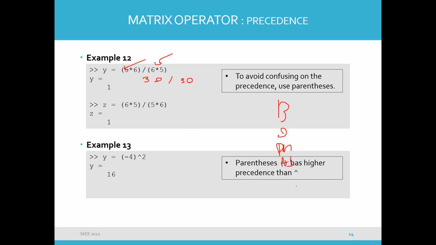Okay, so how about this? Parentheses. This one, you have bracket and power of. So of course you have to solve the bracket first. So solve the bracket, don't need to solve anything. Then power of, so -4 multiplied by -4 is 16.